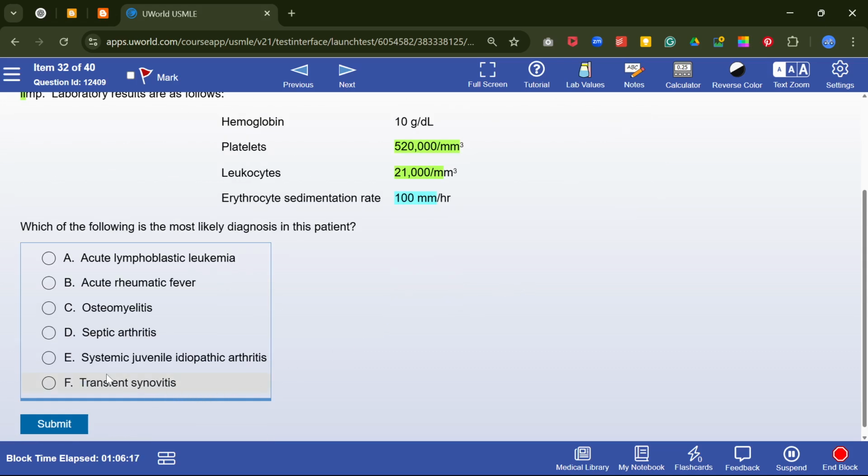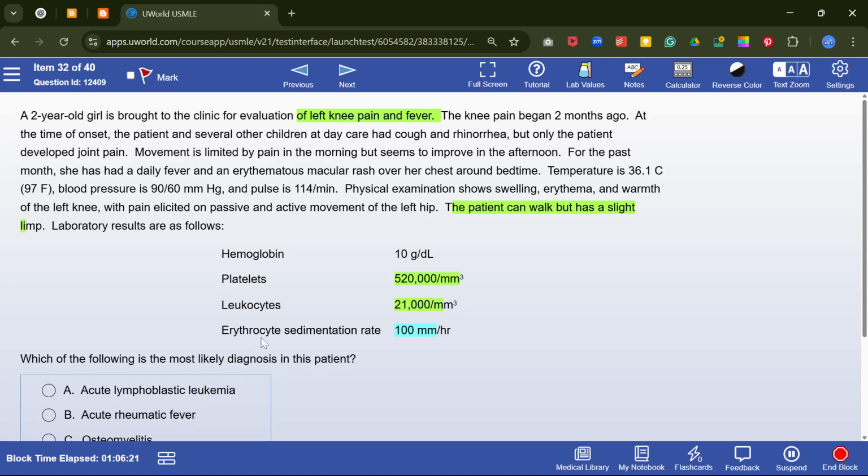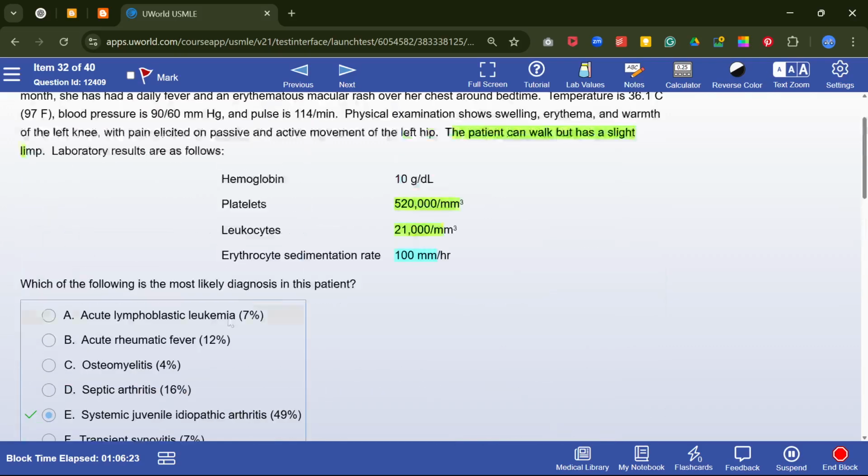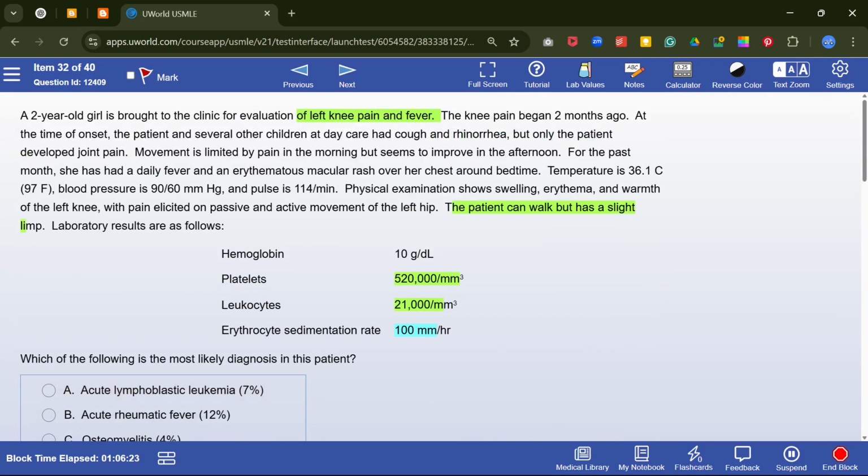Is it JIA? There are some criteria, like arthritis in more than one joint. There is left knee pain.